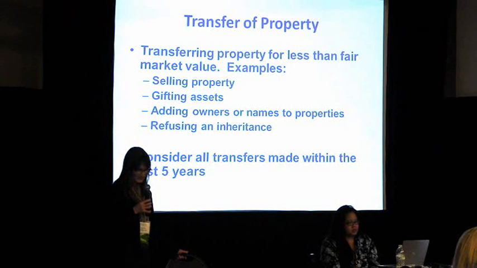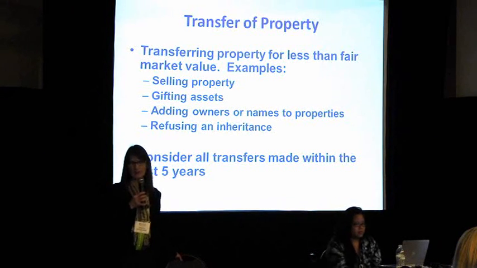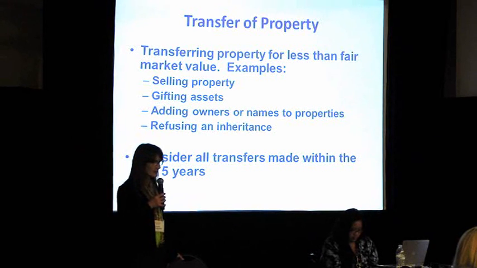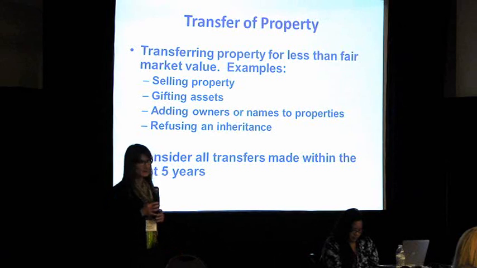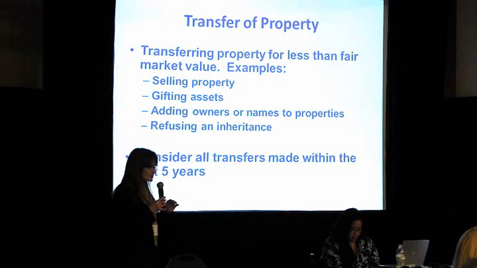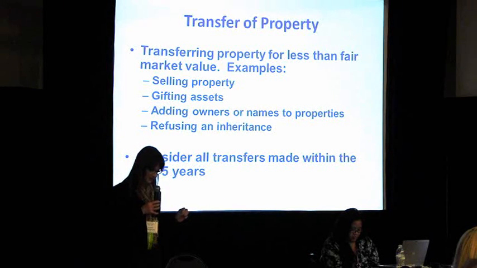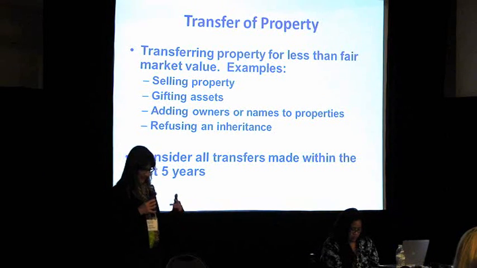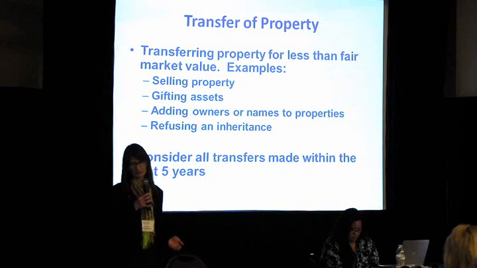So basically, transferring property for less than fair market value is what we're going to talk about, anytime you've transferred property. And those transfers can be a pretty broad range. It's not just going back and sneakily giving something to somebody. It can be a wide range of things: selling property, gifting assets, adding owners or names to property, even refusing an inheritance.